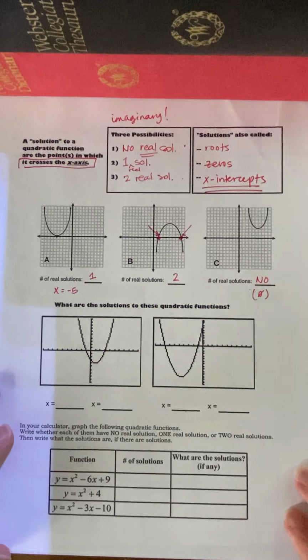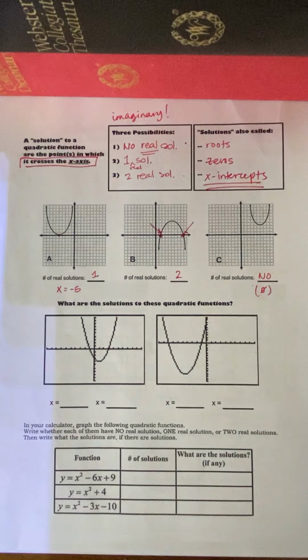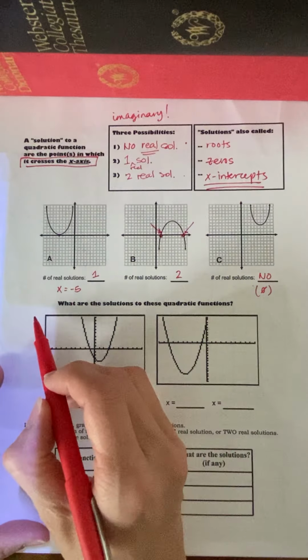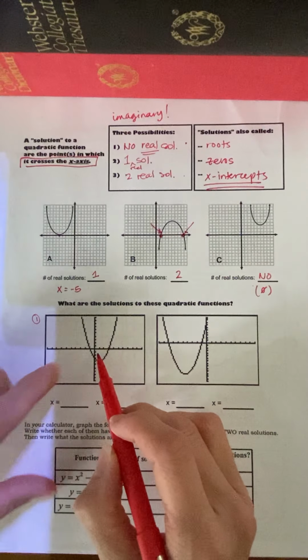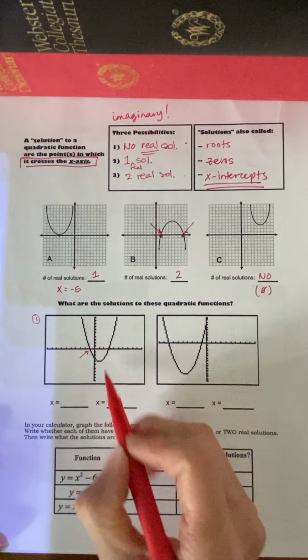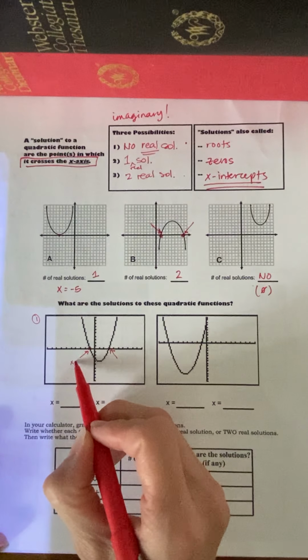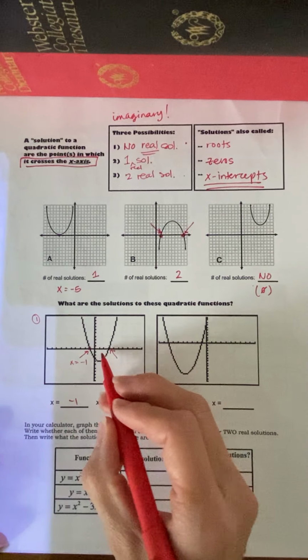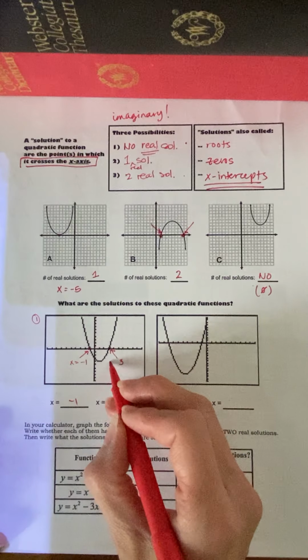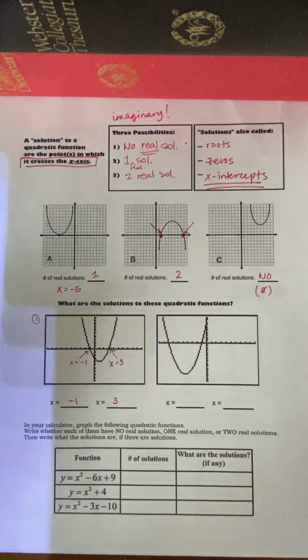And to find solutions on a quadratic function, if you have the graph, it's super duper easy. You literally just look and see where it is crossing. So in this problem right here, I have 2 solutions. It appears to be at x equals negative 1, and then 1, 2, 3, so at x equals 3.